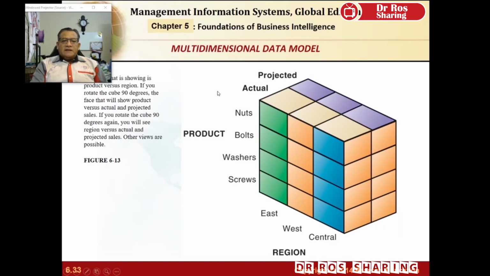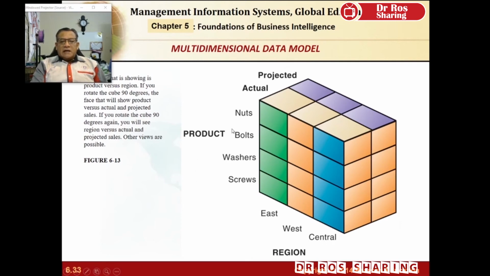For example, this is a multi-dimensional data model. This is a database, so it has three dimensions. For example, the first dimension is product, which are the products that your company is supplying, like nuts, bolts, washers, and screws. And you want to monitor its sales projection or target versus actual sales within the regions of East, West, and Central.